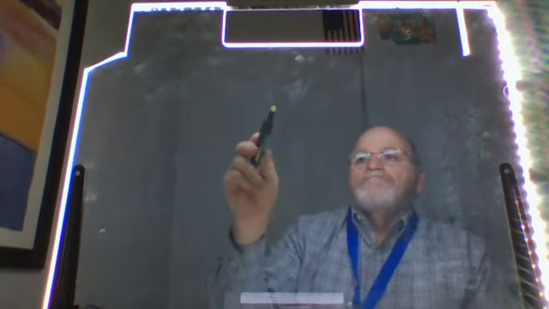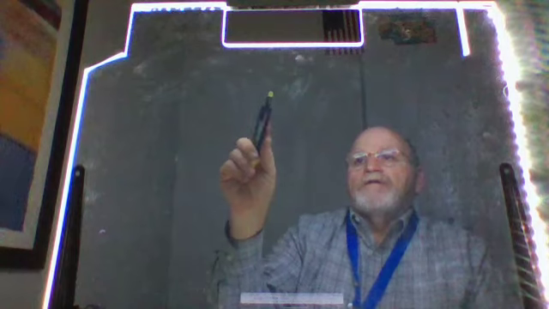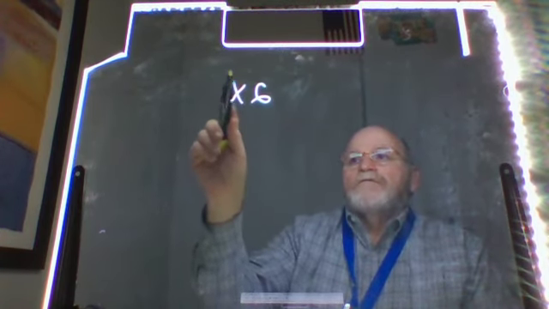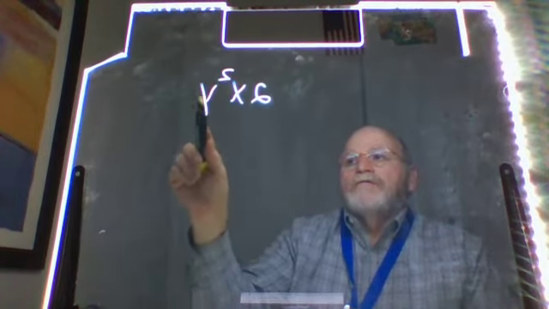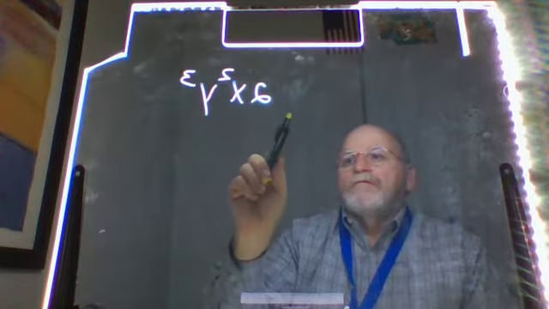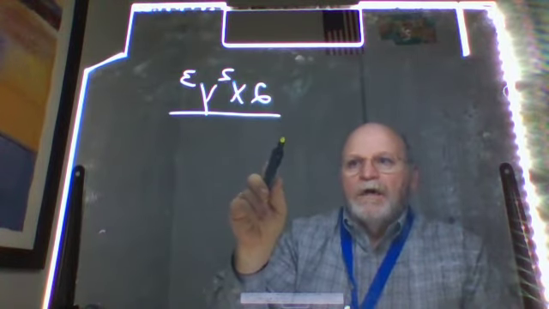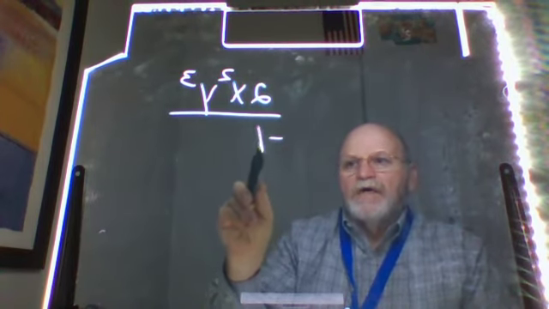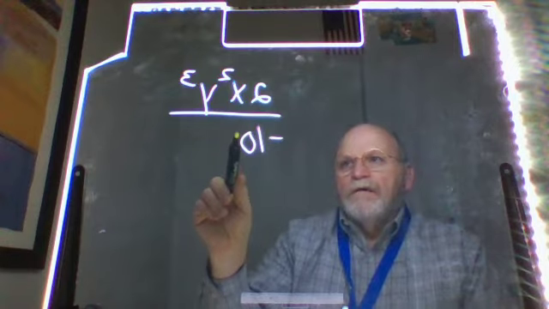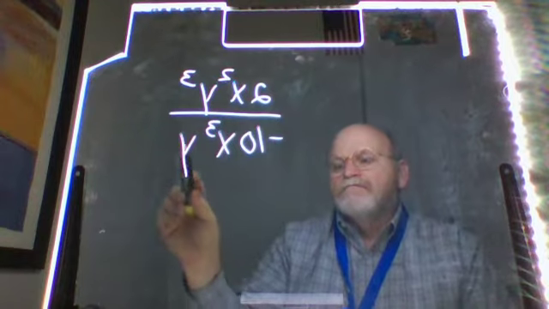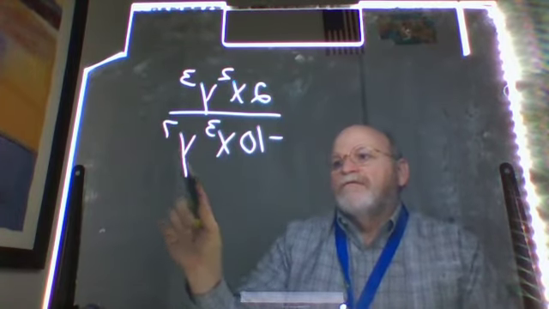And so let's just go with something like this: 2x squared y cubed over negative 10x cubed y to the 7th.